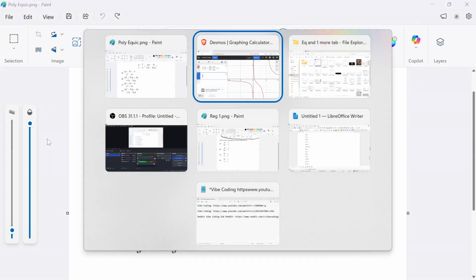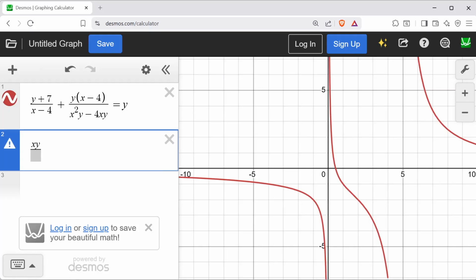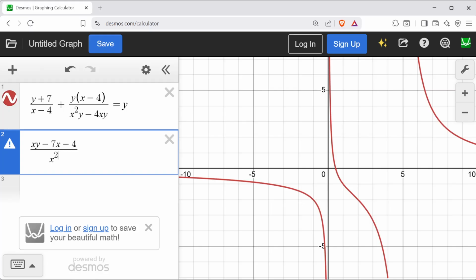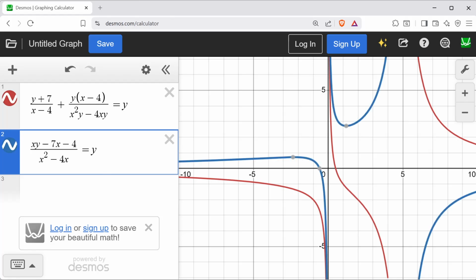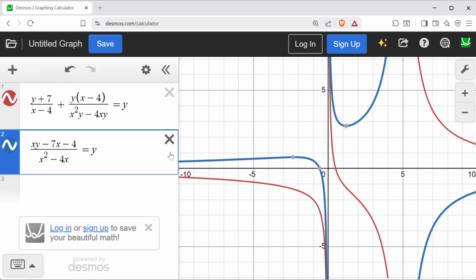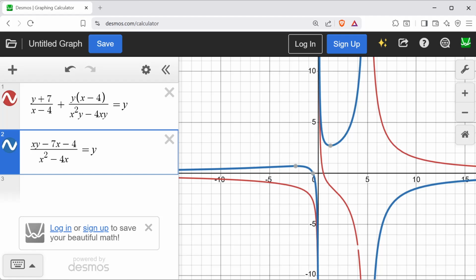So now I'm going to put this one. This is A, xy plus 7x minus 4 divided by x squared minus 4x, and then I want to put equal y. I guess that's good, but notice they are not the same equation, so that one's out.